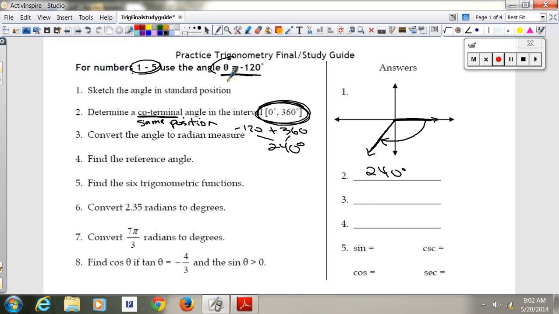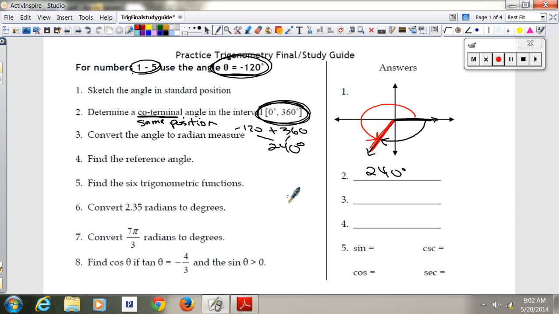Negative 120 is the angle that we're using for numbers 1 through 5. If you notice on the one that we just drew, 240 would be the angle that would go this direction. But both of them stop right there at that place. They're both the exact same angle. One goes downward, one goes up.